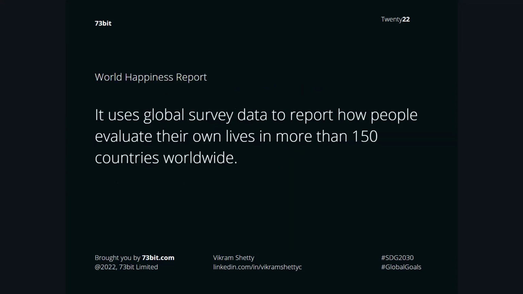The next one is the World Happiness Report. Many of you must have already heard about it. Whenever I bring this particular report up, even with my friends and family, there are always two parties, and it's like polar opposite. But the indicators, we will focus on the score of it.